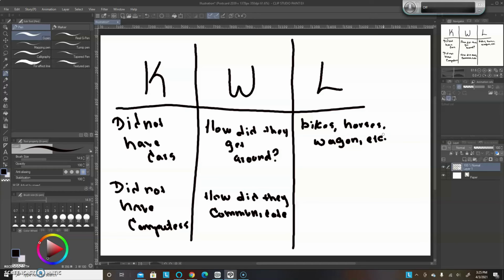When it comes to the Georgia Standard, I believe that KWL charts can be used fairly effectively to help second grade students meet the Georgia Standard ELA GSE 2W2, write informative explanatory texts in which they introduce a topic, use facts and definitions to develop points, and provide a concluding statement or section.